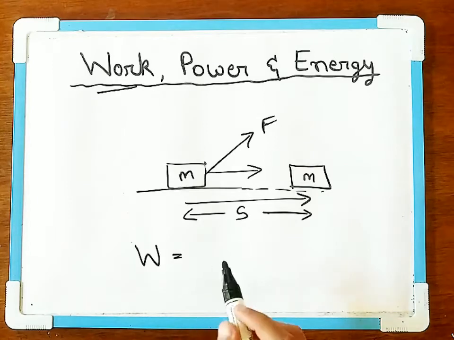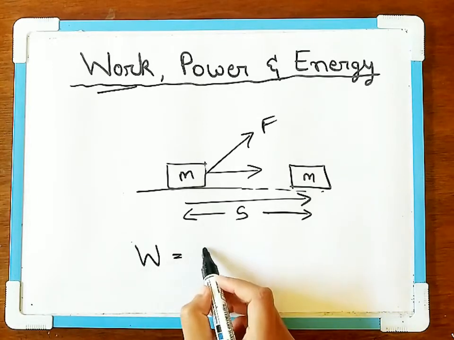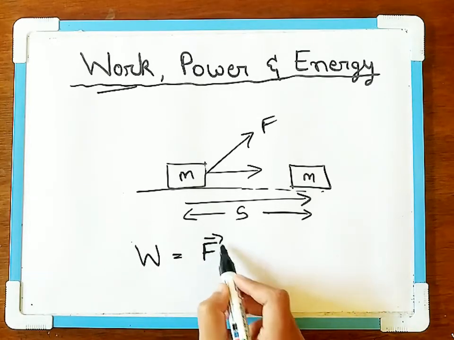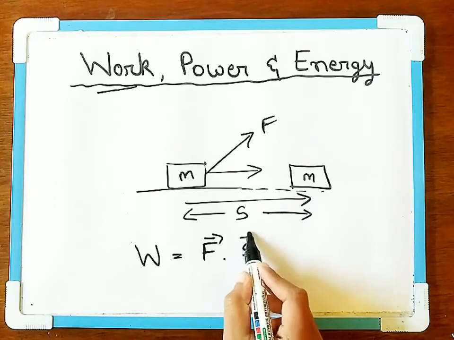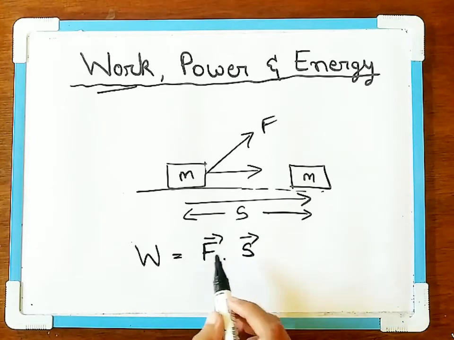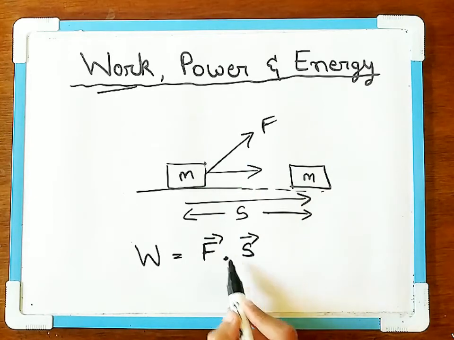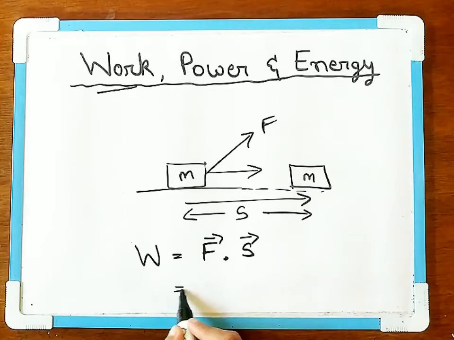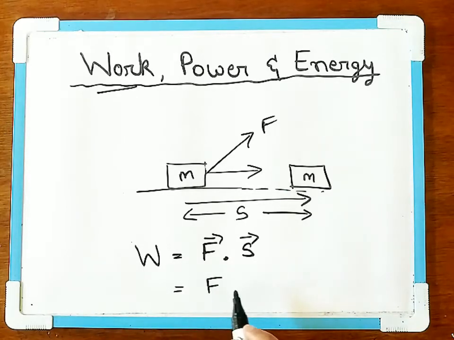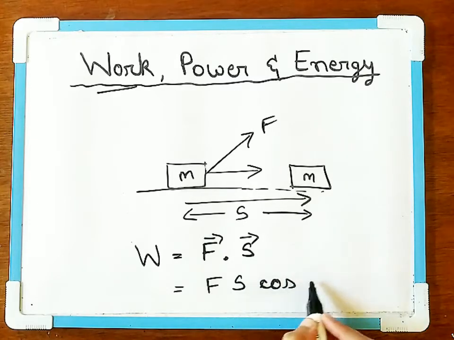So in this case, the work done will be given as F dot S, where F is the force and S is the displacement, both in vector form. So work done is F dot S, and from the definition of the dot product, F dot S is equal to Fs cos theta.